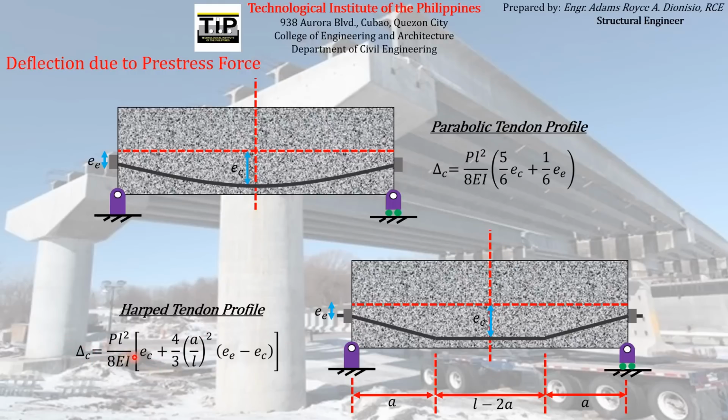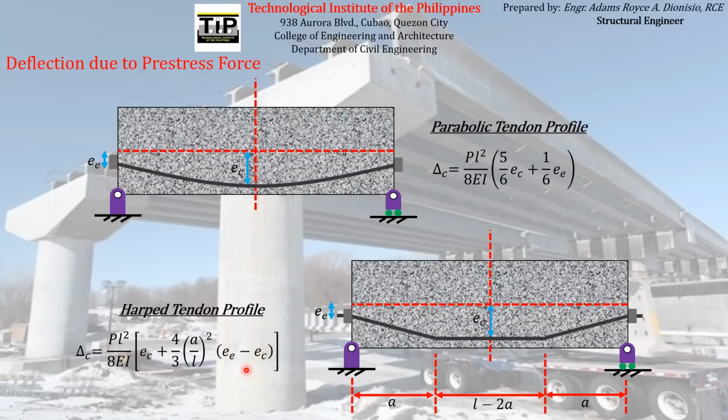So it is just equal to the product of the prestressing force and the square of the span, over 8EI, modulus of elasticity and the moment of inertia, times the eccentricity at the center plus 4/3 of the ratio of the distance A divided by the total length of the beam, squared, and then multiplied by the difference between the eccentricity at the ends and at the center.